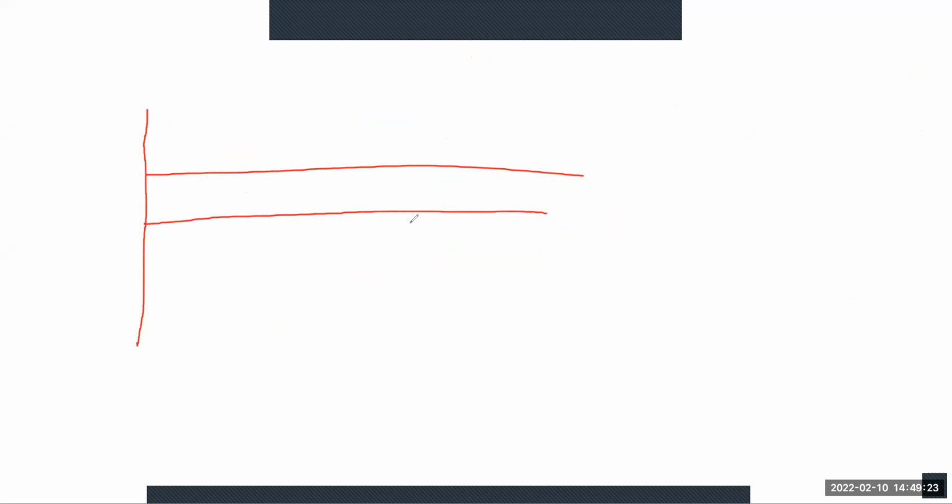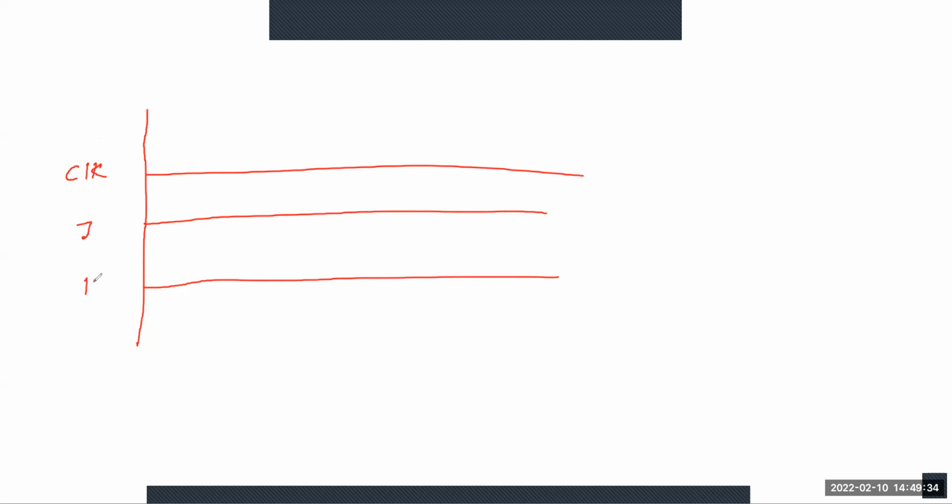So if I draw the diagram, just give me a few seconds to draw it. This is like clock.